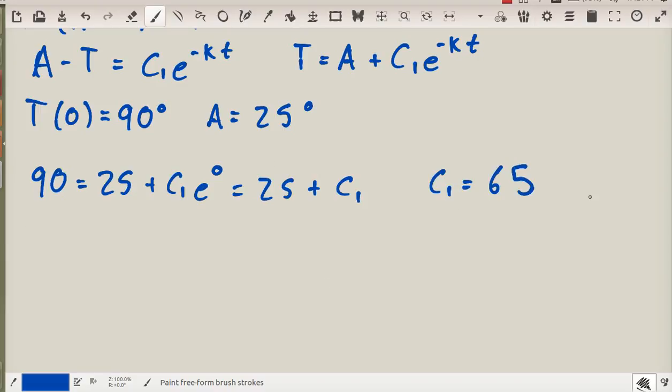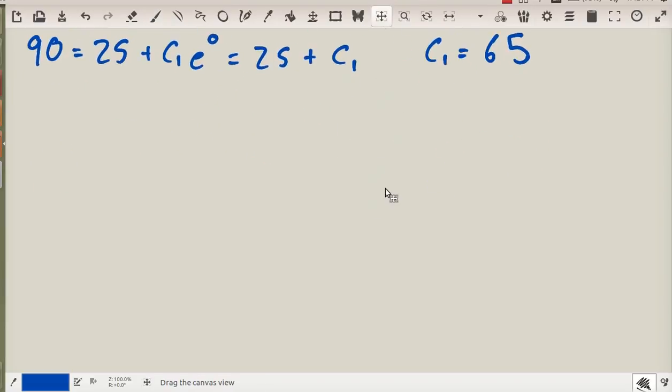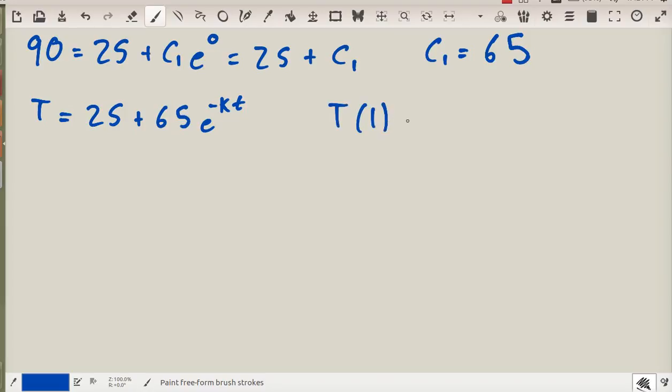So now that we know our c1, we can solve for our k value. From there, we're just going to plug back in. So T is equal to 25 plus 65 e to the negative kt. Now we know that T of 1, so 1 minute after we've started to let it cool, is equal to 85 degrees Celsius.